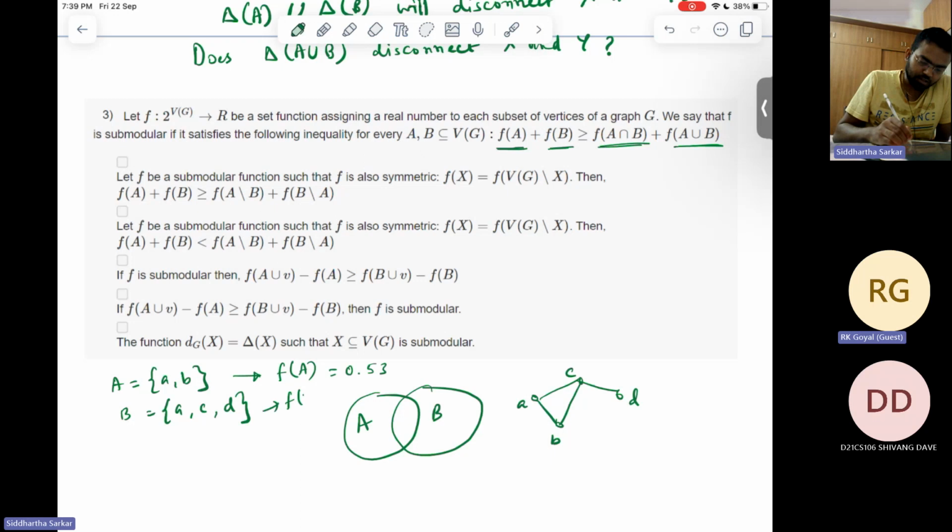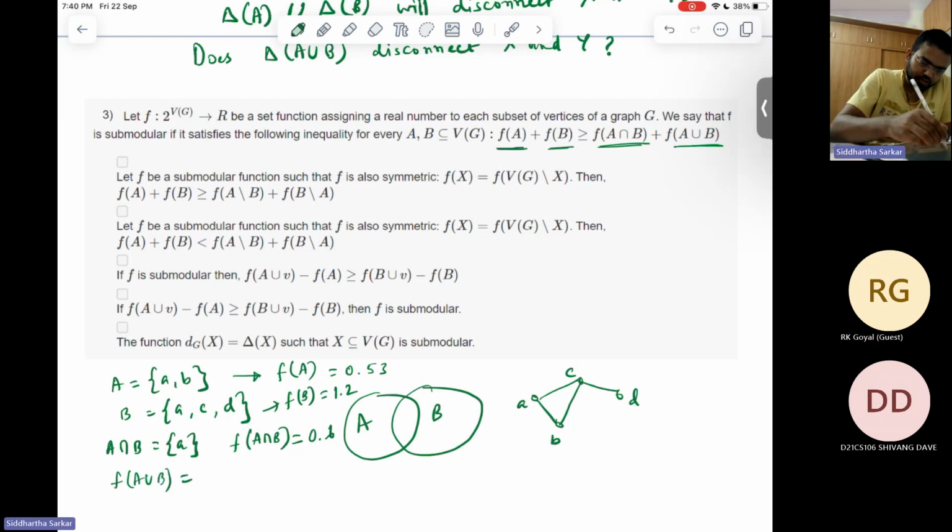And f of B has a particular value, let us say 1.2. So what is A intersection B? It is A only. Let us say it has some value, maybe 0.6. And A union B is everything together. So f of A union B, let us say, I don't know, 1.6.